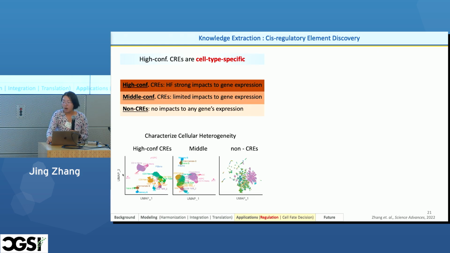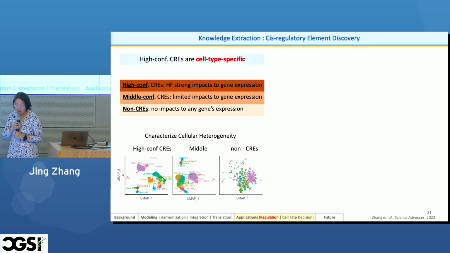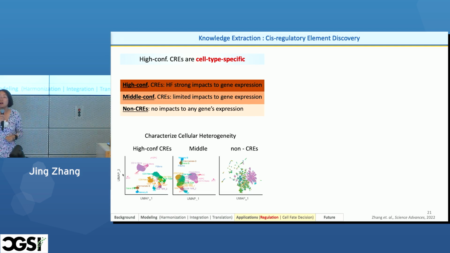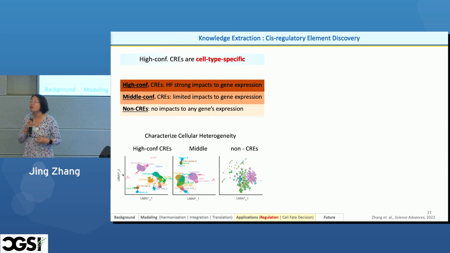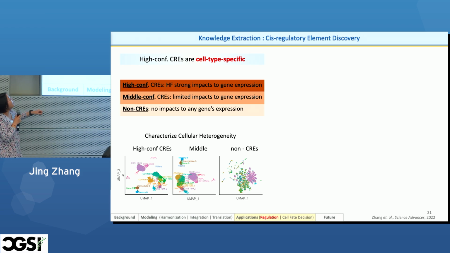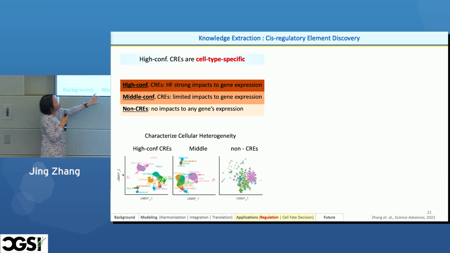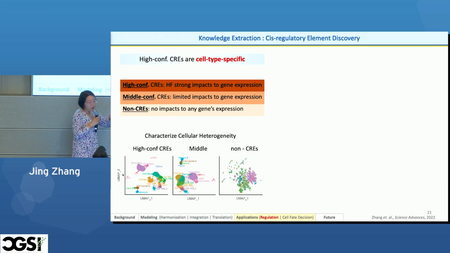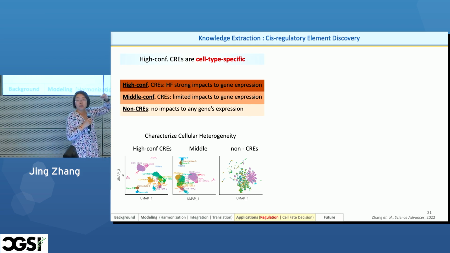And we applied our method, again, on public PBMC data, because at that time, that was one of the very few available datasets. As you can see, we characterized the open chromatin regions into three categories. High confidence are those that significantly impact the gene expression.